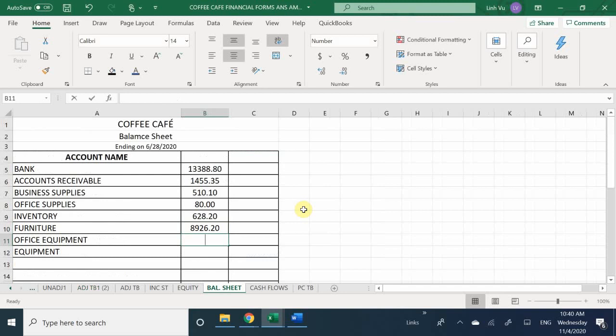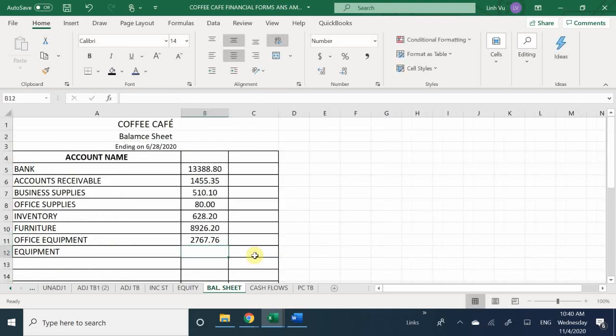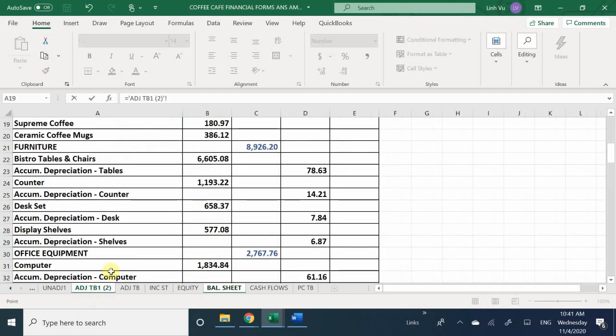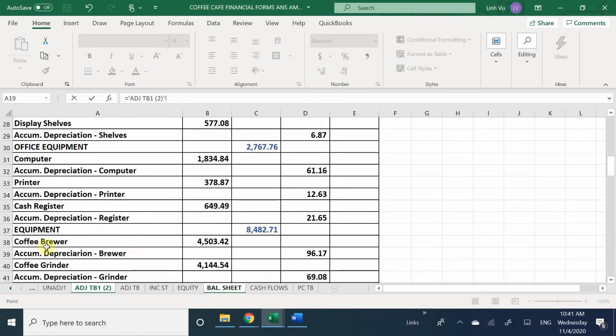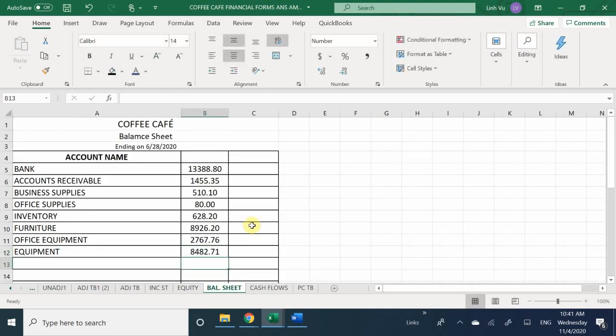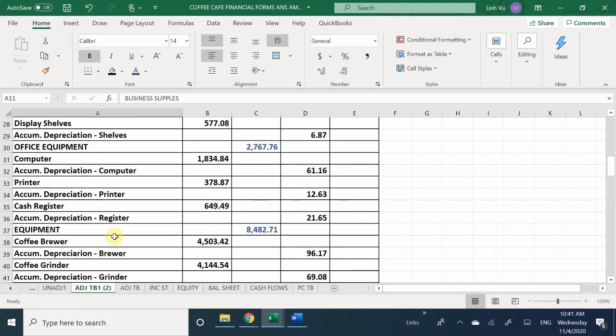Mm-hmm. What is my total office equipment? Office equipment, 2767.76. And what's my total equipment? Mm-hmm. And then I should have the rest of my accounts.